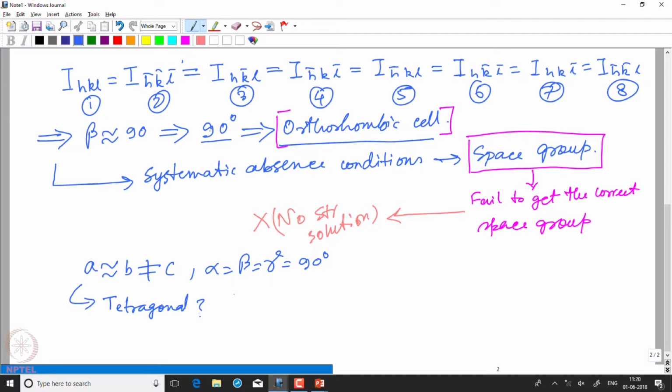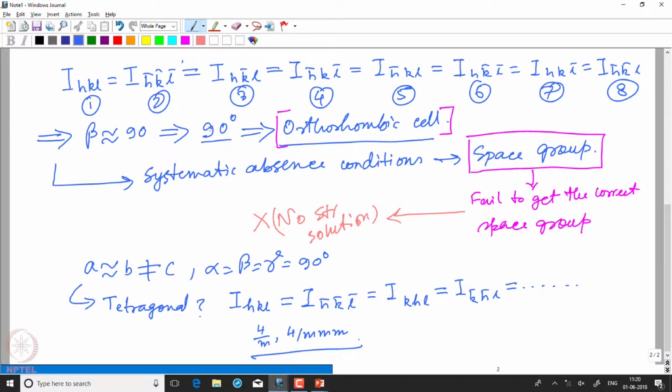So for that, we should look for reflections where I H K L should be equal to I H bar K bar L bar, should be equal to I K H L, should be equivalent to I K bar H bar L, and the other conditions which come for the tetragonal symmetry, which could be either 4/M or 4/MMM.